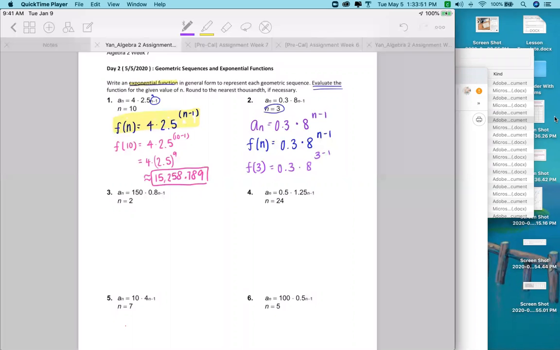Then figure it out in your scientific calculator. Okay, so go ahead and do this one for me, and write it in the chat so I know you guys understand what's going on.